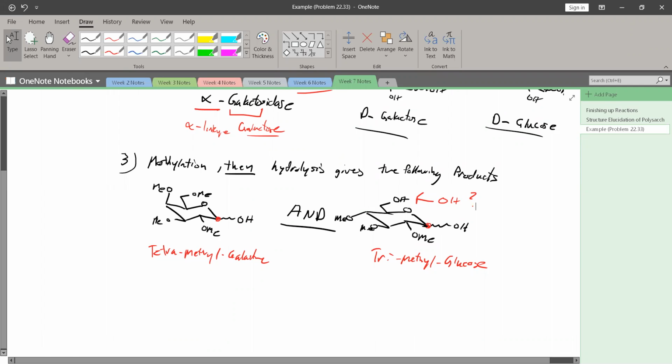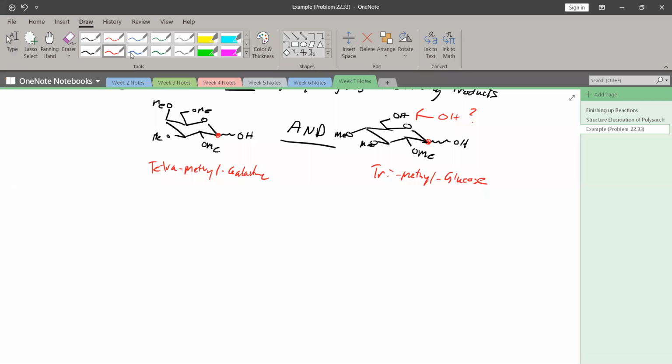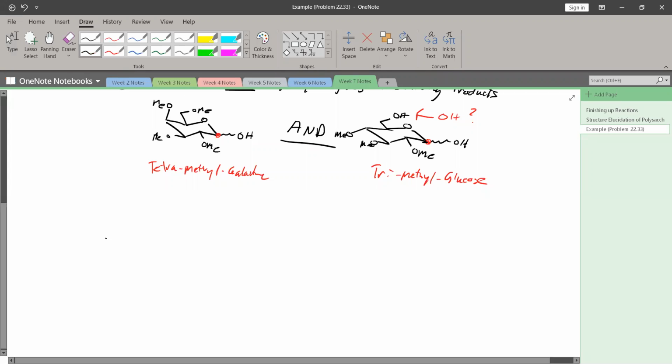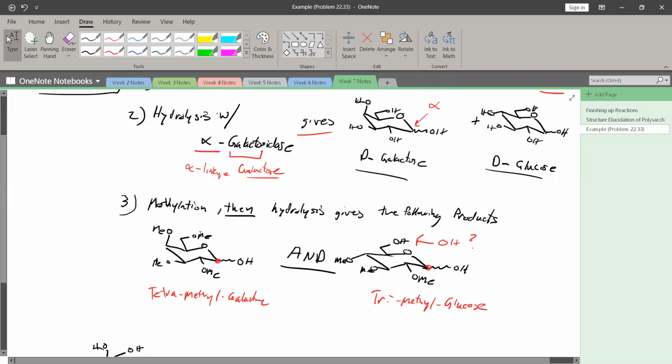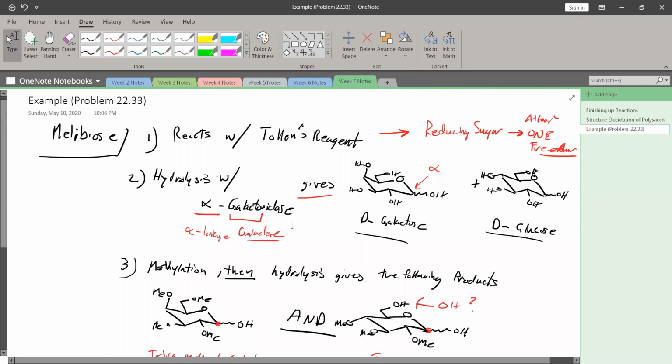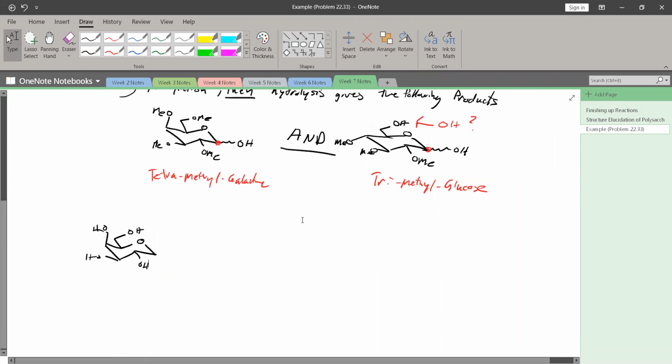Okay, well, in terms of how we can actually show all the information, first off, we know we have to have this galactose in our molecule. Now remember, using the information from step two, it's an alpha-galactosidase, meaning that this linkage between here and the next sugar is going to be an alpha group.